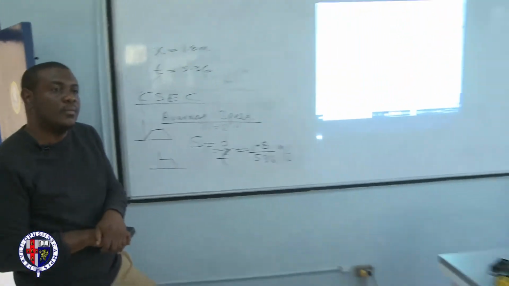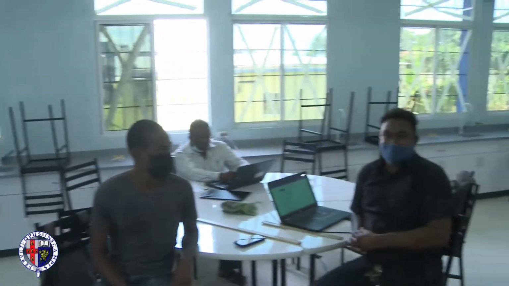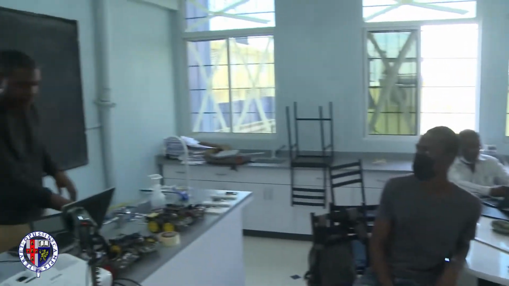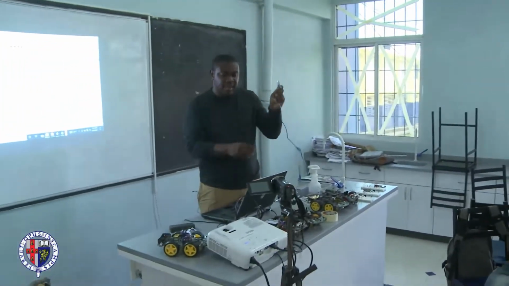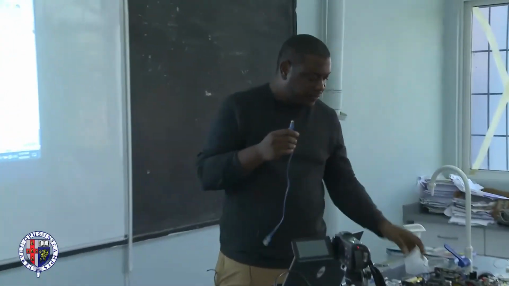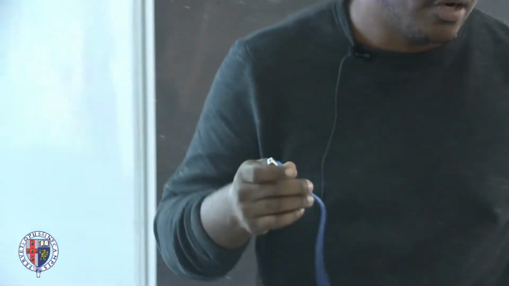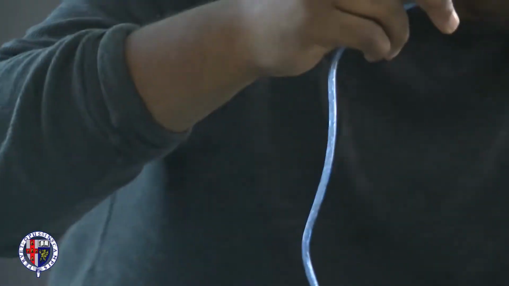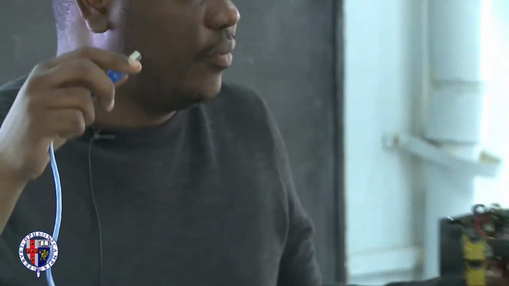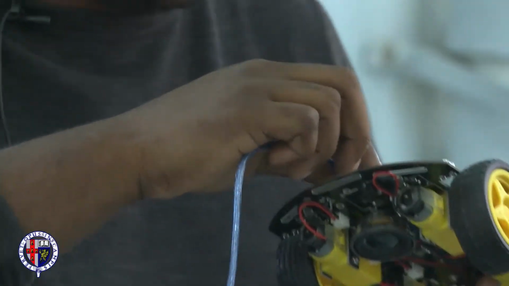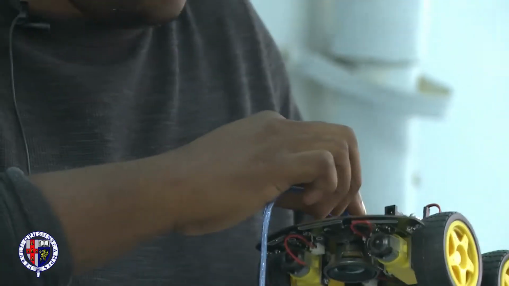Is it something that we can program on the spot? Yeah, so that's the next thing that I wanted to show. This is the cable, and when I want to program it now, I attach it here and download a program.